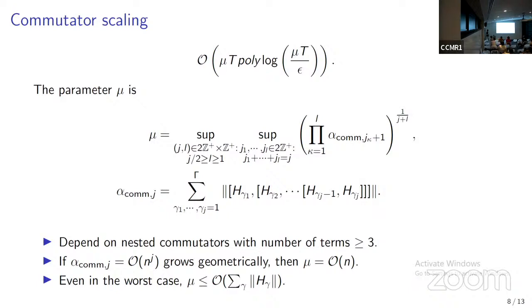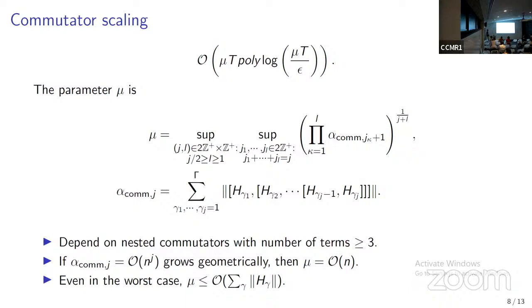How can we say that? It's because if we assume my homogeneous commutator scaling alpha J to be something like n to the power J, that is, a geometrically growing series, where in many applications n will just be the number of qubits, then we can compute this mu to be just this number n.